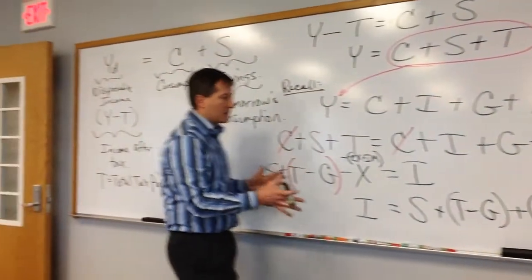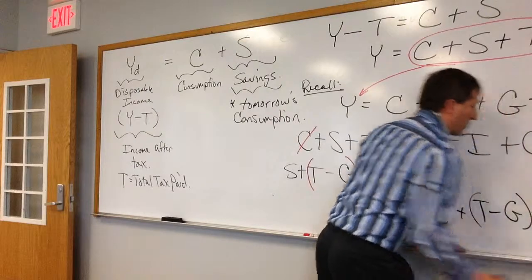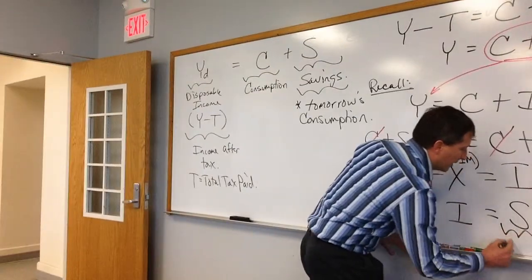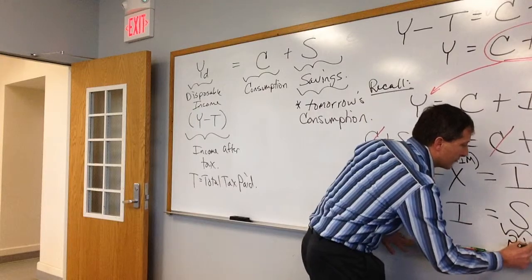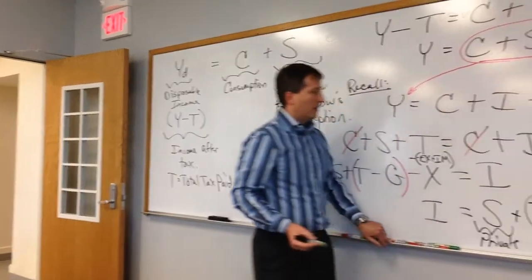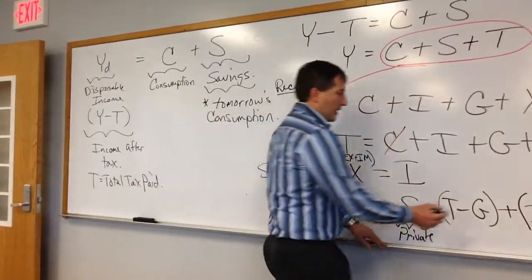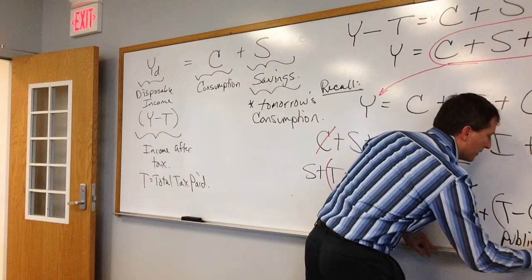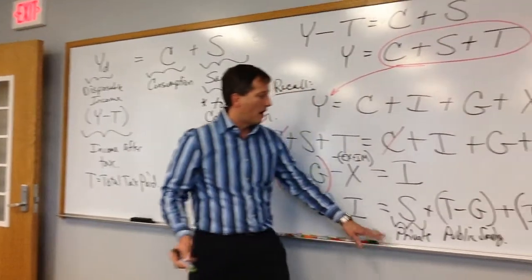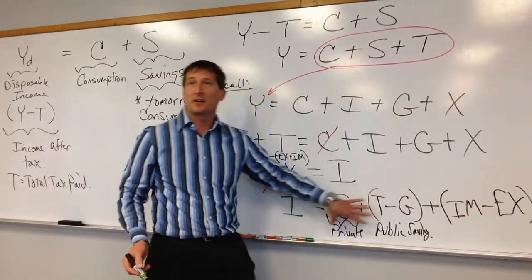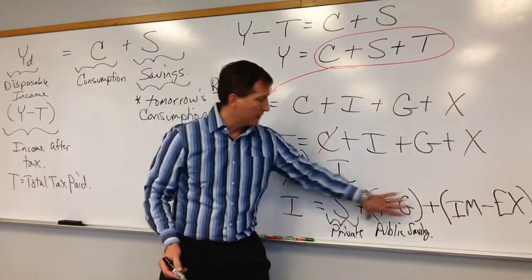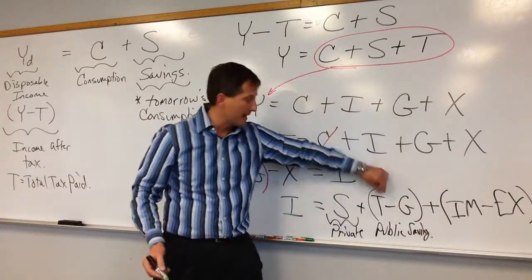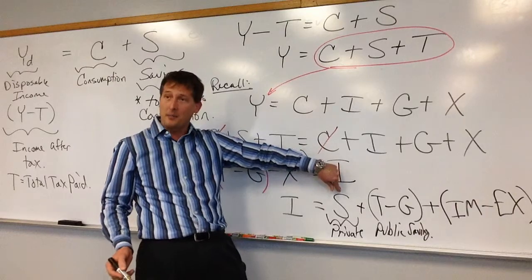All right, so this is the equation I left you with on that PowerPoint. We've got private savings, and then we've got public savings through the government. All of that is domestic saving, by the way, right? Because we're talking about U.S. government spending and U.S. government taxes, and then the American public.